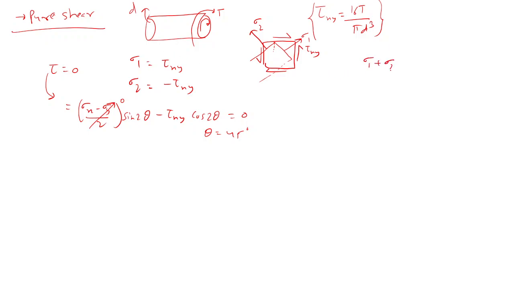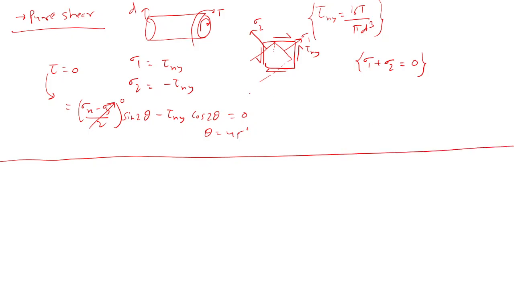Sigma 1 plus sigma 2 is what? 0. So keep in mind, for the pure shear condition, sigma 1 plus sigma 2 is 0. So this is the loading condition, right?